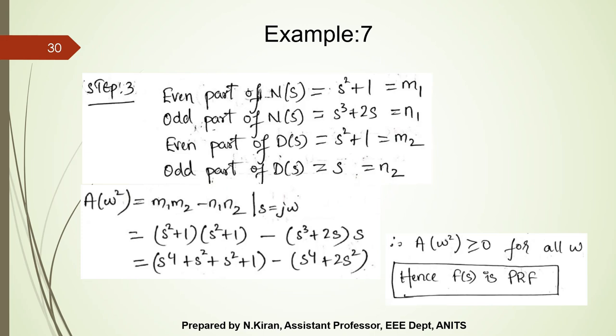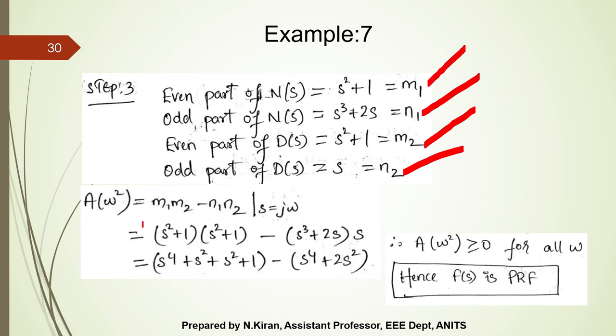A of omega square: the even part of the numerator polynomial is s square plus 1, the odd part of the numerator polynomial is s cube plus 2s, the even part of the denominator polynomial is s square plus 1, and the odd part of the denominator polynomial is s.